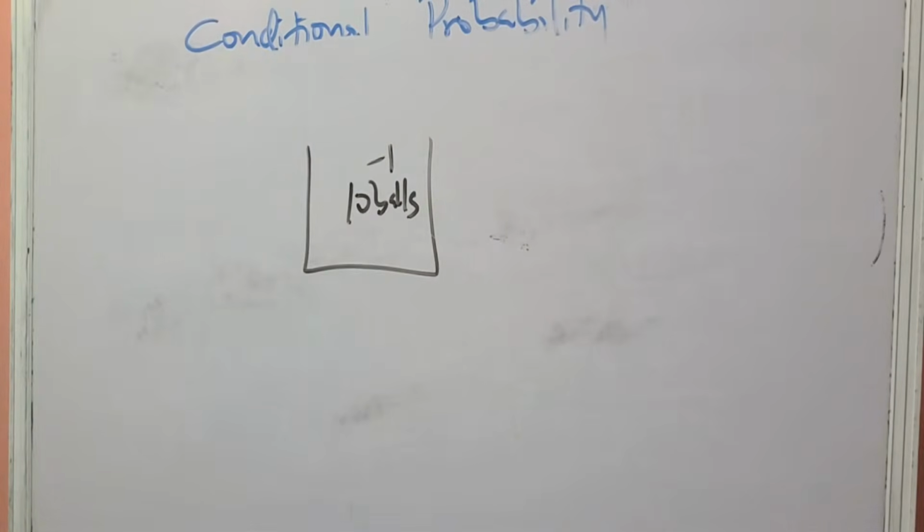Now, if you did not replace it back, the new sample space will no longer be 10, will now be 9. Now, if you replace it back, the sample space will remain unchanged. I believe you understand already the importance of sample space and how that affects all your work.